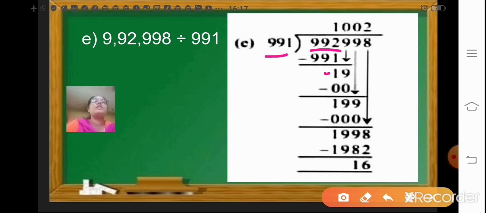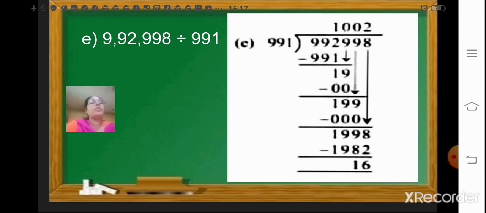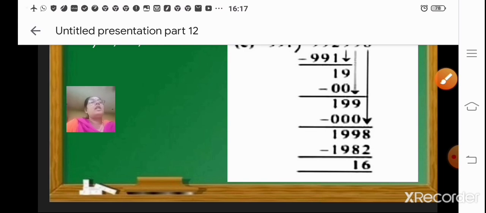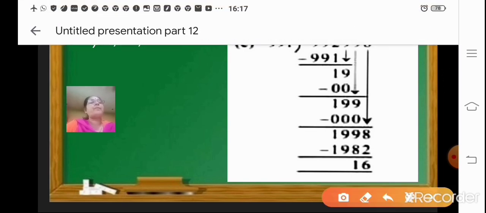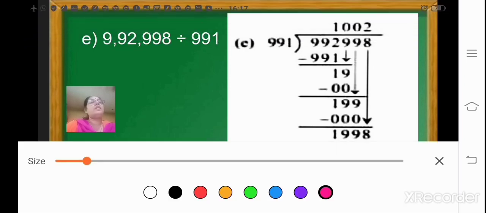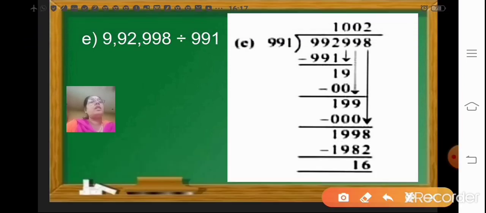Now 19 is not divisible by 991. So you will add a 0 to your quotient here, that is you will write 0 above this 9. Okay. Now 19 is not divisible, you have written a 0 here. Now you bring the next number down, that is again the next number is 9.